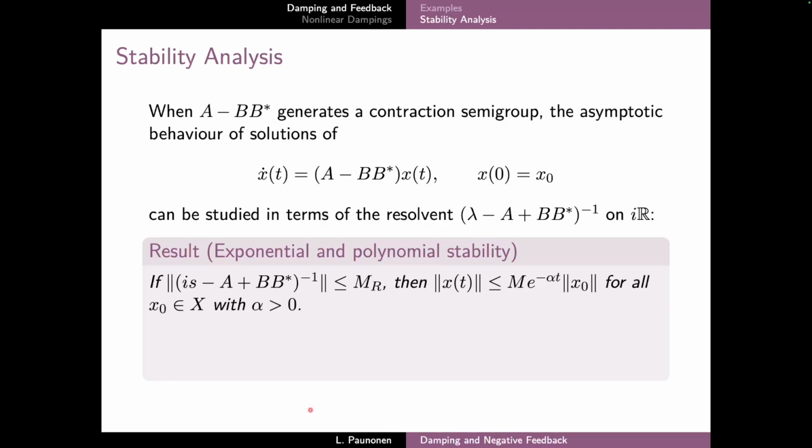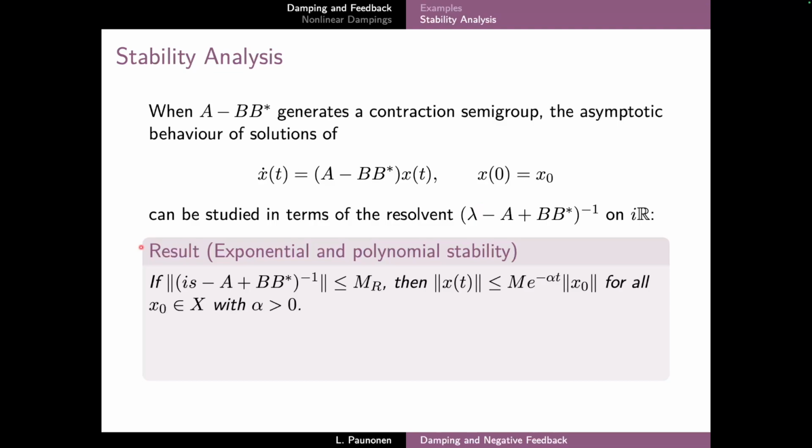So this answers the question of existence of solutions, so we can move on to the investigation of stability. And one way to do this, now that we know that A minus BB star generates a contraction semigroup, is to investigate the behavior of the resolvent operator of A minus BB star on the imaginary axis.